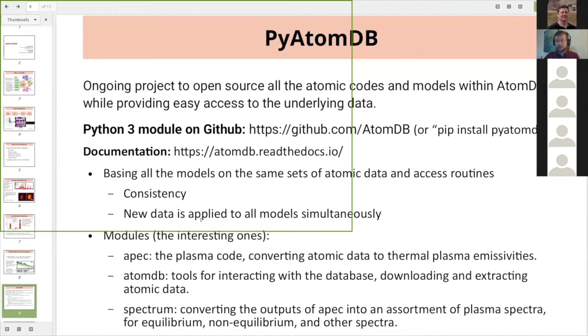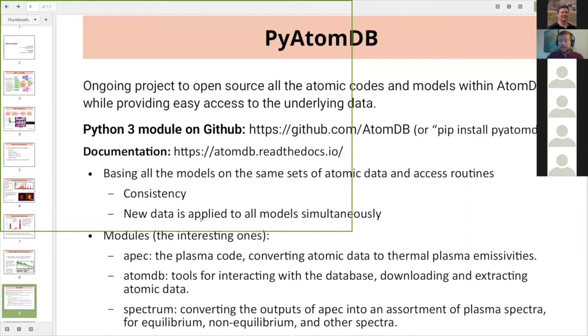The main virtue of the PyAtomDB process is that previously our project was run by a combination of C code, C++ code, IDL code, Python code, and everything was sort of individually separated, and bits would work here and there. And crucially, when we ran a model to update some of the emissivity files, it would pull from different places depending on what the model was, and there was no real consistency.